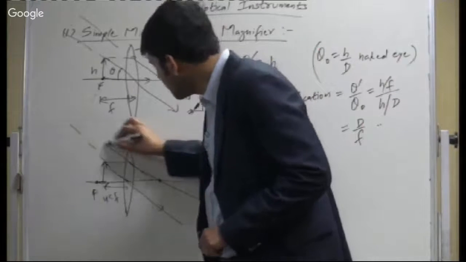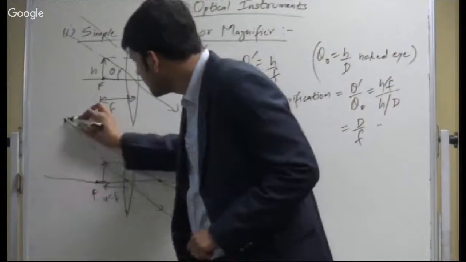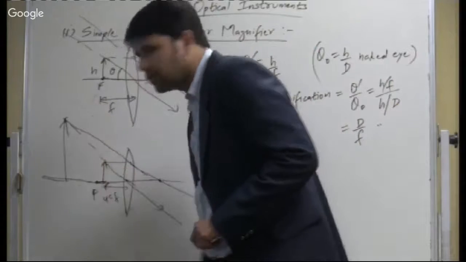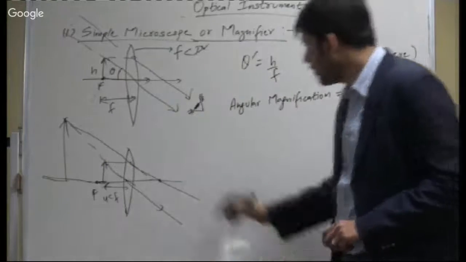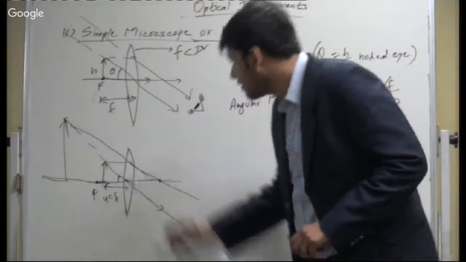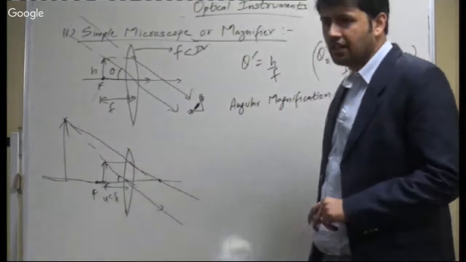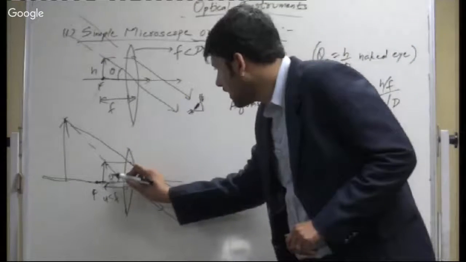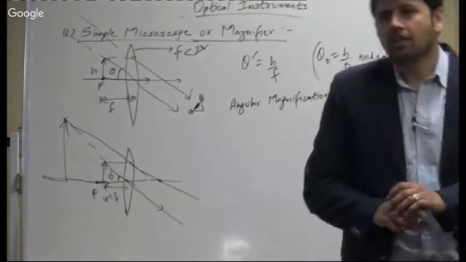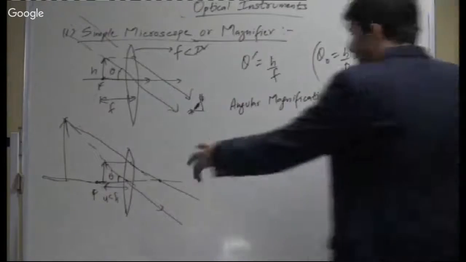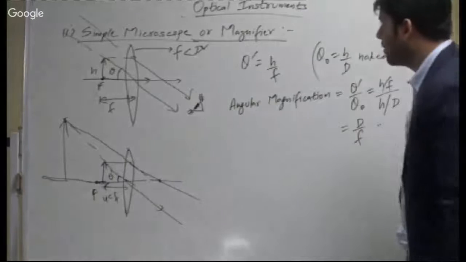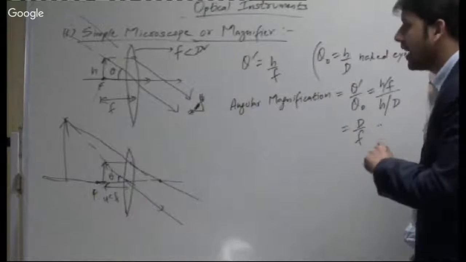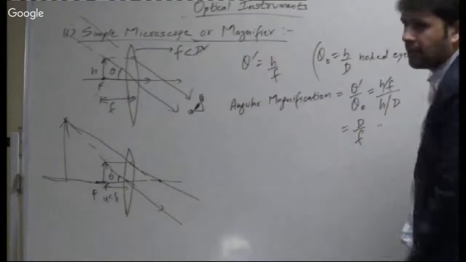Okay, and they meet. ठीक है, ऐसा कुछ होगा. The visual angle would be this, theta dash, let's call it. What happens here is, अब theta dash की वैल्यूज कुछ भी हो सकती है. मैक्सिमम वैल्यू थीटा डैश की कब होती? जब इमेज इंफिनिटी पे होती.